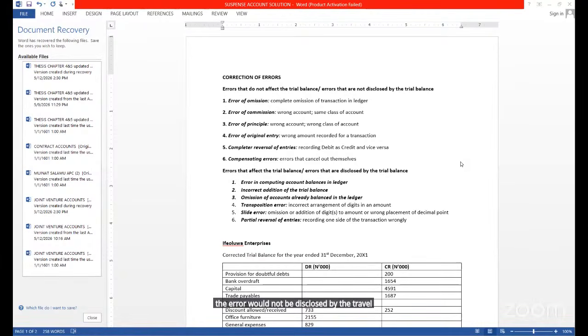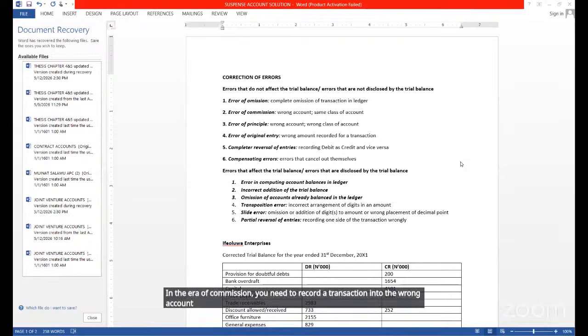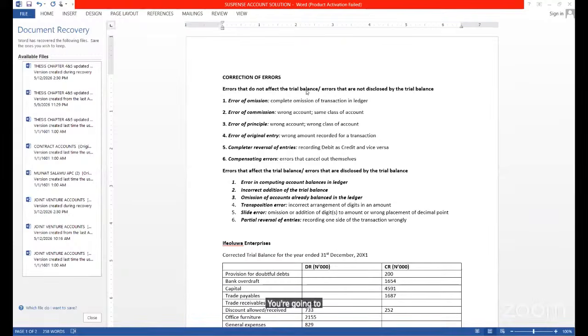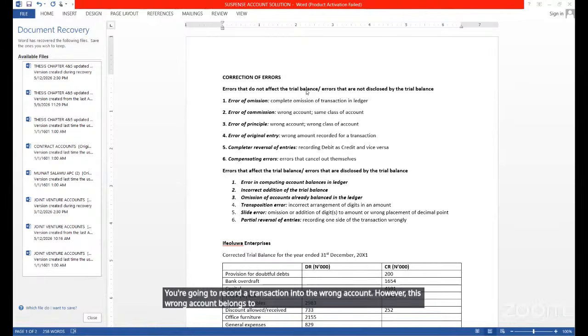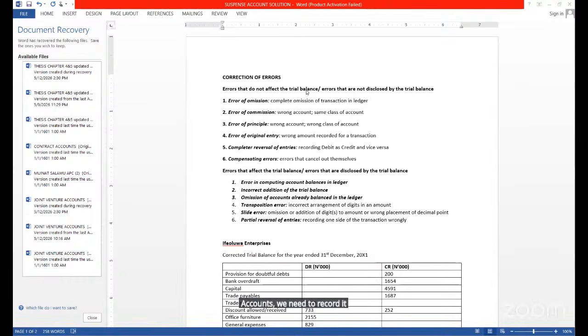And then we now have the error of commission. In the error of commission, you record a transaction into the wrong account. However, this wrong account belongs to the same class of accounts as the original account we are meant to record it in. Please take notes and listen very well.